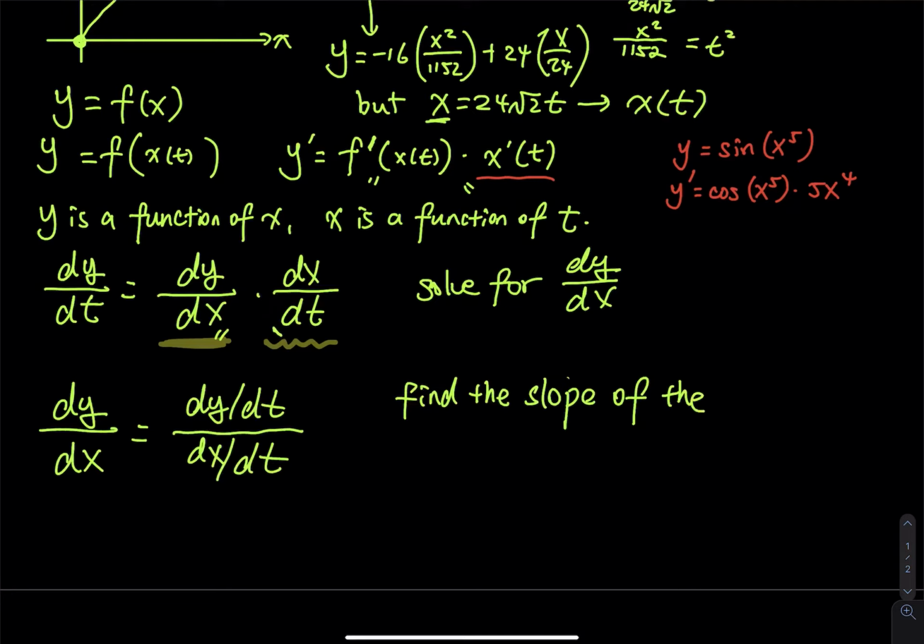Derivative means slope of a tangent line to a parametric curve. So there is a t behind the x and y. That's why we want to do this without eliminating the t.